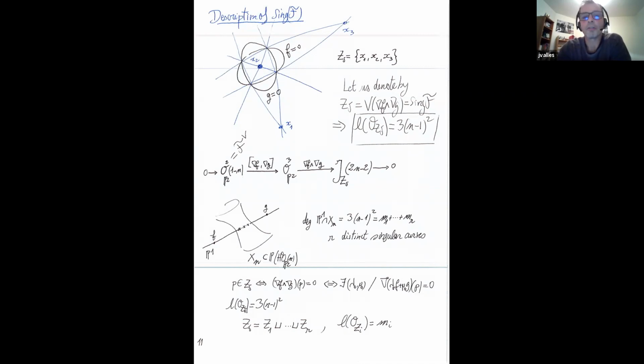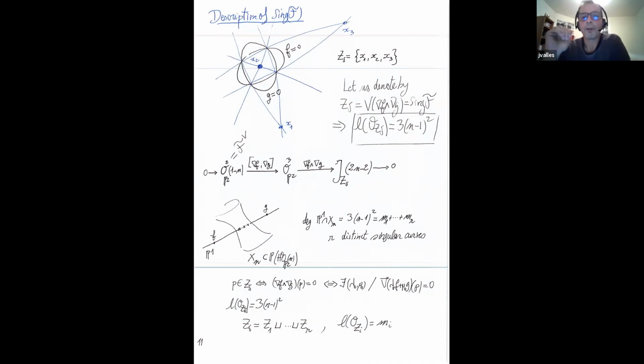Okay, because if the 2 by 2 minors vanish, it means that you can have a column of zero, and a column of zero means that there is a linear combination vanishing at P. So the singular points of F are exactly the singular points of some singular members in the pencil.